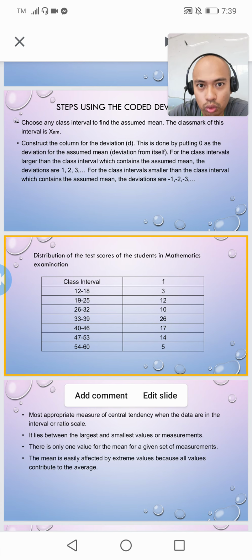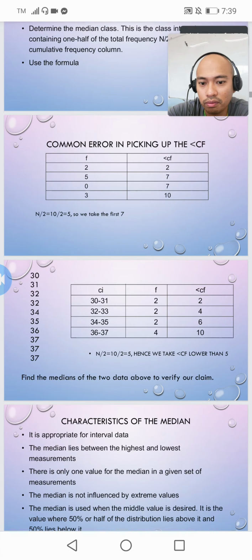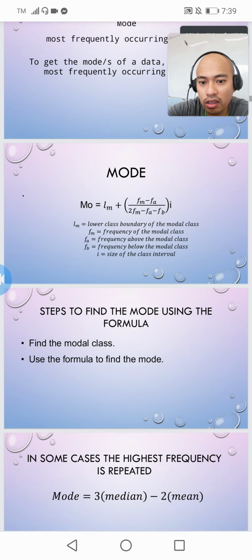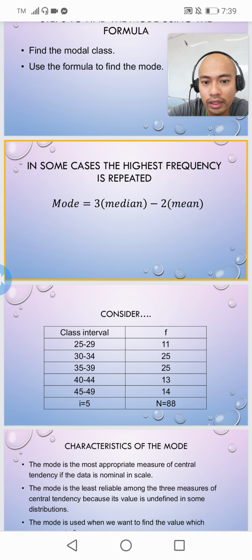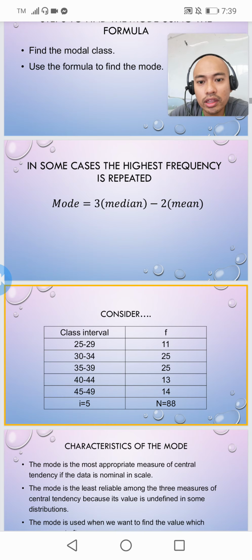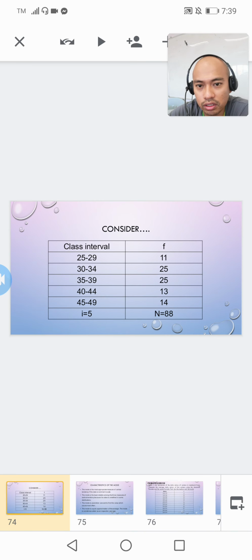Am I understood? All right. So I repeat, you need to apply the mode. Go back to the previous slides. You need to apply the first formula for the mode and find the mode of this given data. For the second formula, which is given by 3 times the median minus 2 times the mean, you will be answering this one. What is the value of this? All right?